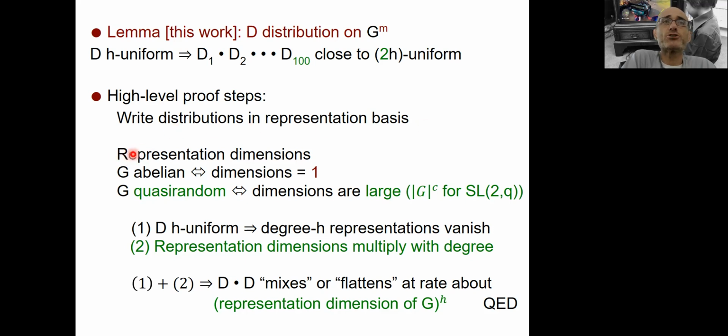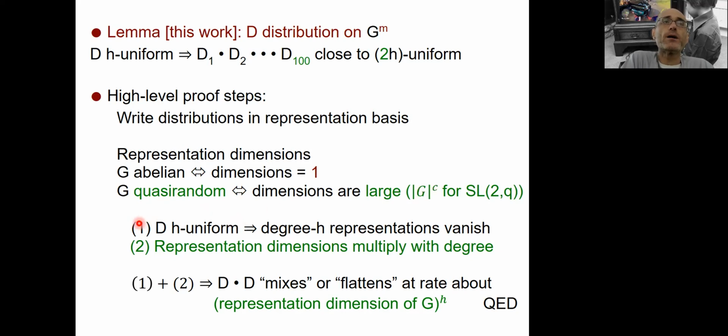So the representation has dimensions, and the abelian case, again, is the familiar case in which all the dimensions are 1. And if G is quasi-random, then the dimensions are large. So any representation has large dimension. For a group like SL2Q, the representation dimension will actually be a power in the size of the group, which is as good as it gets. In fact, the power here is 1/3, which is optimal.